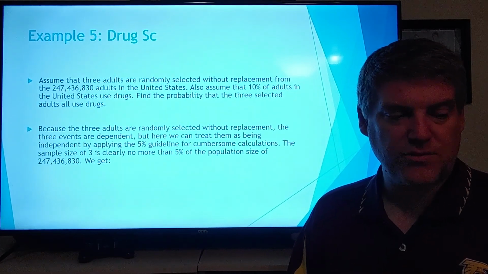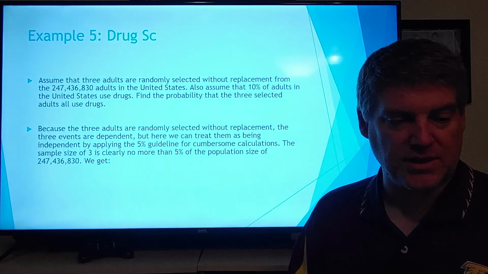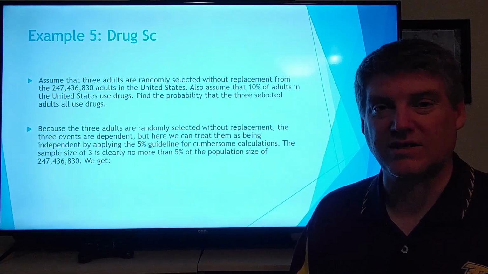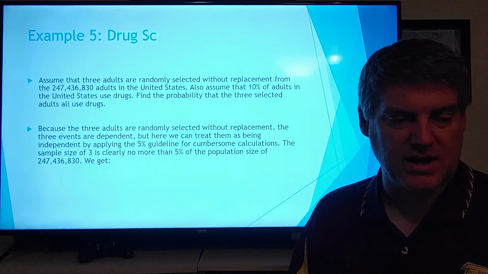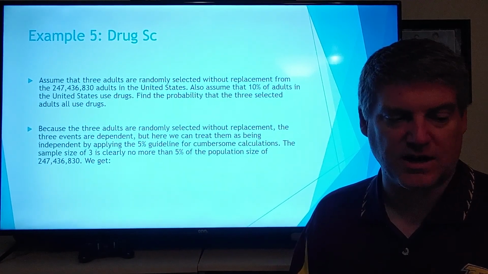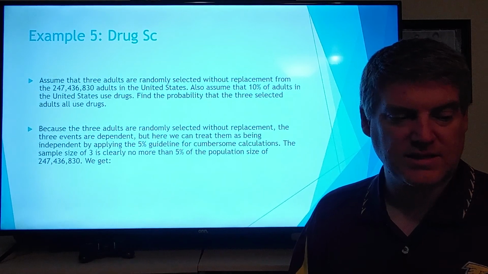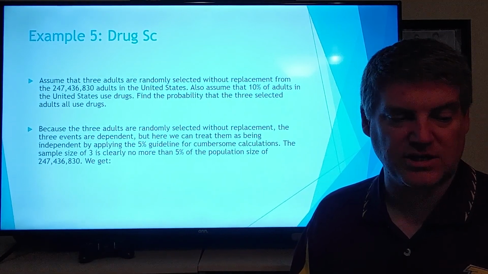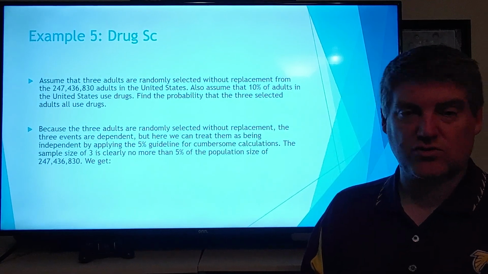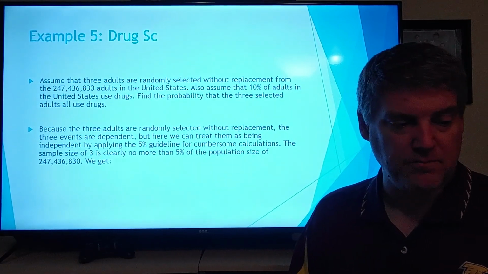Because the 3 adults are randomly selected without replacement, the 3 events are dependent. But here we can treat them as being independent by applying the 5% guideline for cumbersome calculations. The sample size of 3 is clearly no more than 5% of the population of the 247 million people.